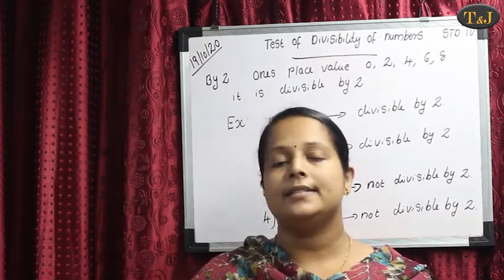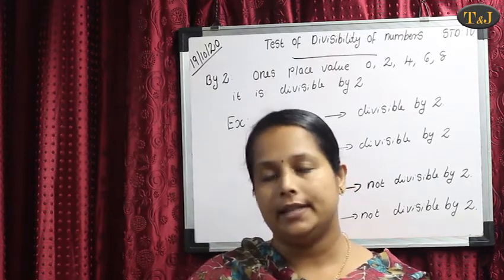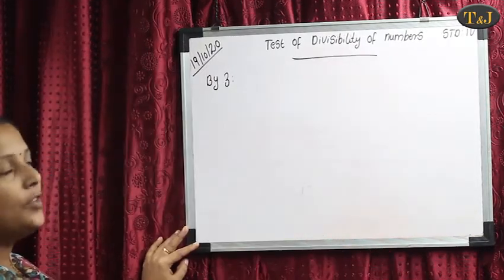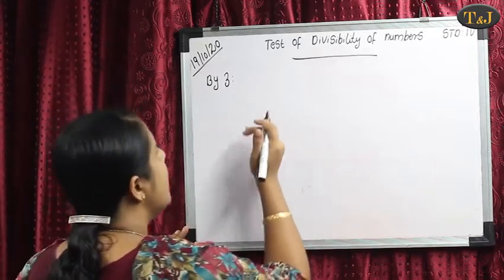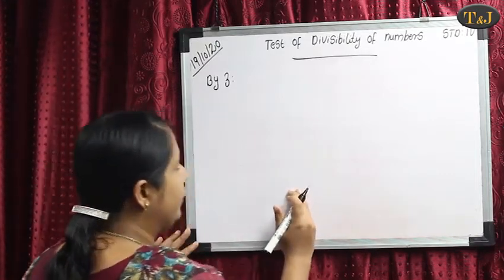Okay, then our next test of divisibility is by 3. How can we check the test of divisibility of the number 3?